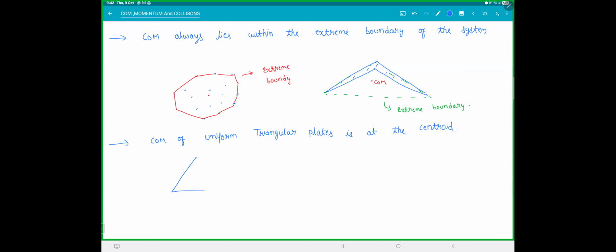That means if you take a plate, doesn't matter, scalene triangle, anything, the center of mass is at the centroid. We don't have the proof for that, but just remember the result. Clear with this?